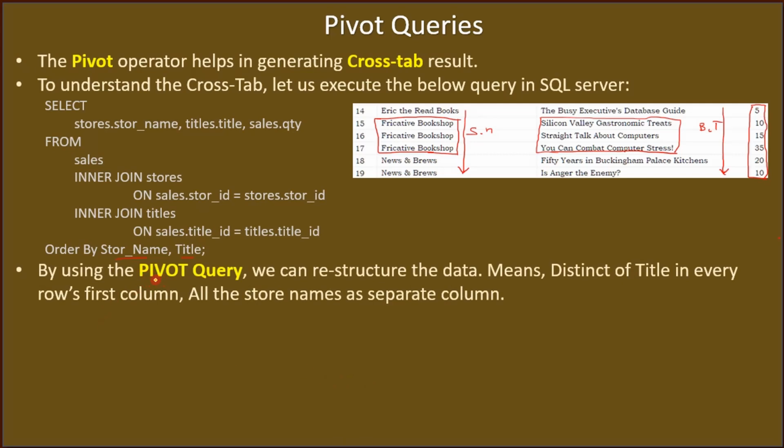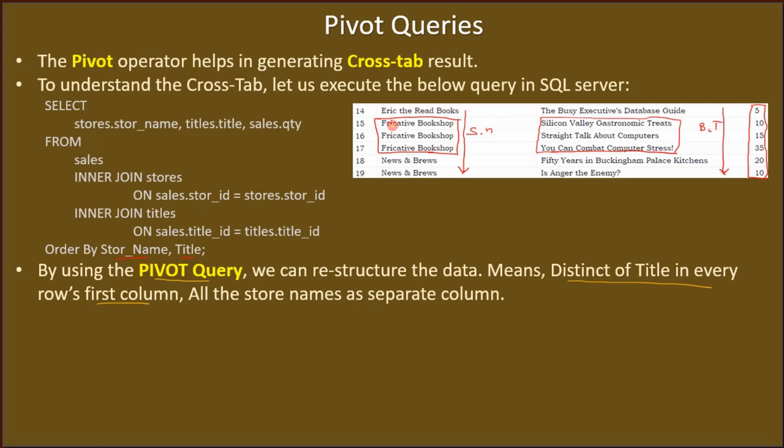By using the pivot query, we can restructure the data. Restructure means here if you see the data are displayed column wise and sales quantity also displayed in the third column. So restructuring data means distinct of title in every row's first column.